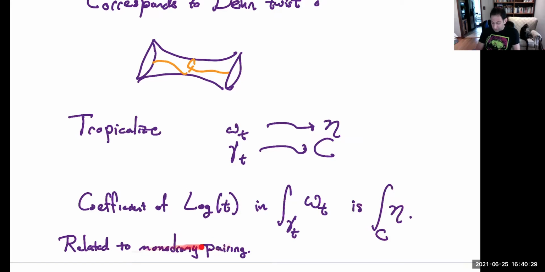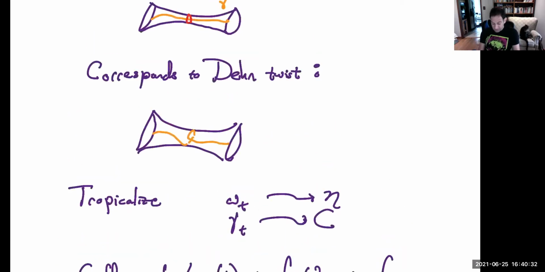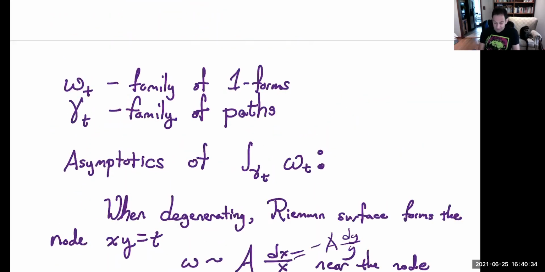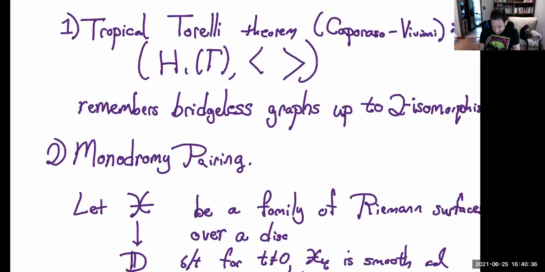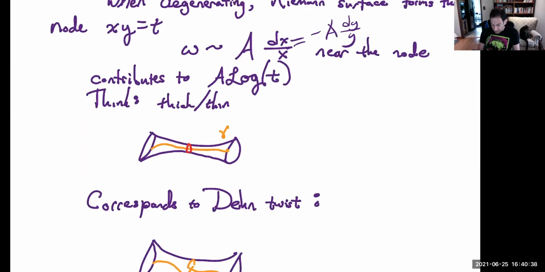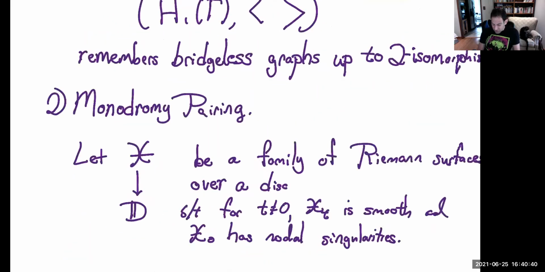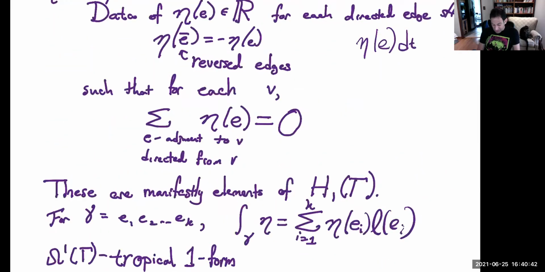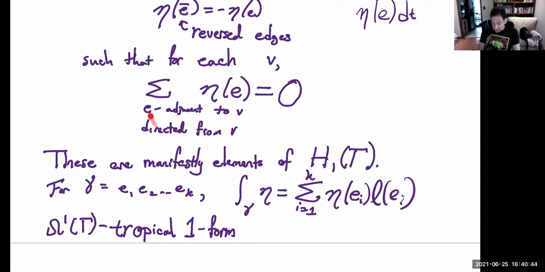And this is related to the monodromy pairing. It's an analytic way of thinking about it. And the fact that the tropical one form is coming from the residue gives you some justification for the definition. So this harmonicity condition is just the residue theorem for one forms.